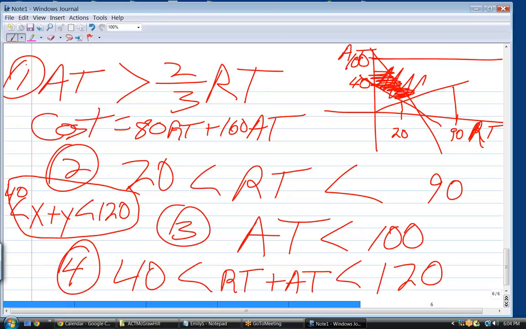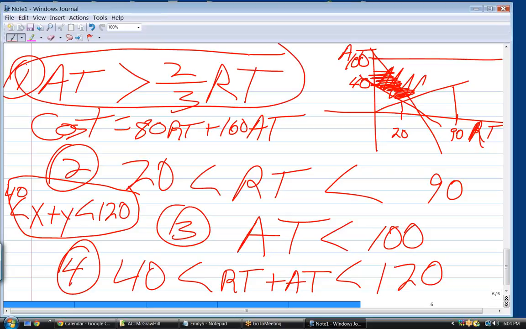You understand how I graphed that? Yes, but I think I did it wrong. How did 40 go to 40? Well, AT is y, so y is greater than 2/3 x. If you graph that line, y is greater than 2/3 x, it's this line right there.